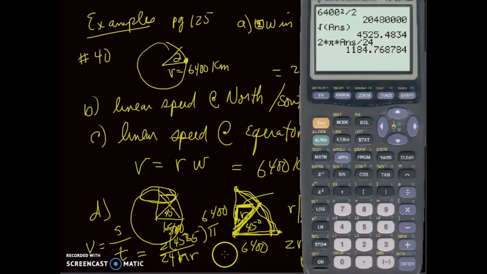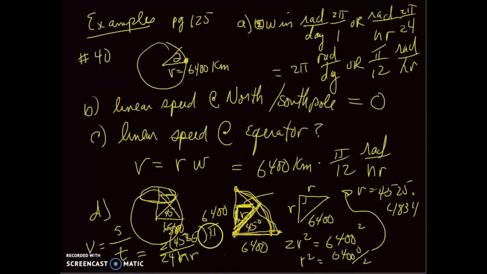Let's put this down. So what is this? I'm going to put it here. 1184. Now, they've got all these numbers. I'm not sure which ones we should use.